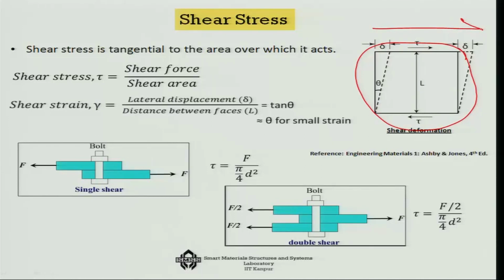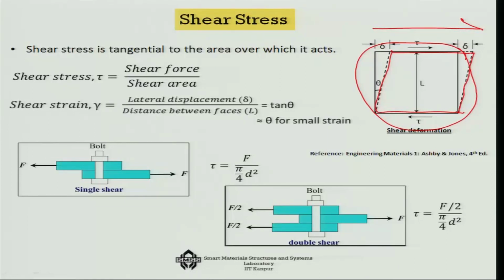So, the block is deforming from its initial position to a new deformed shape from its initial shape. This kind of deformation, which you cannot call expansion or contraction, is the relative movement of one surface with respect to the other, and that is what shear is.